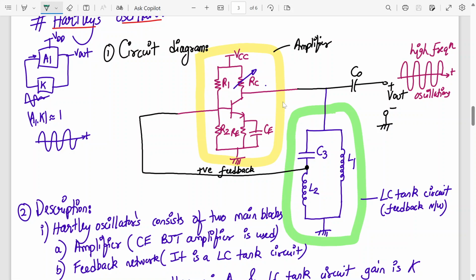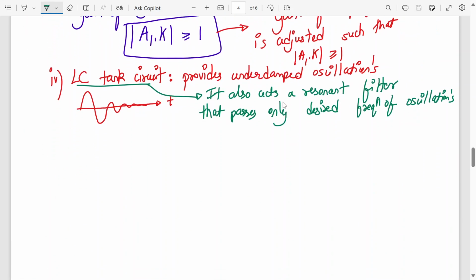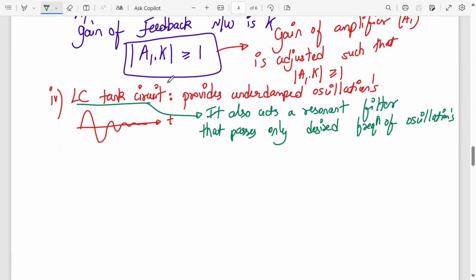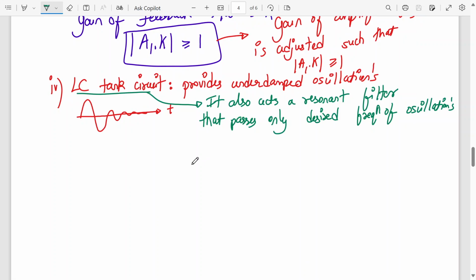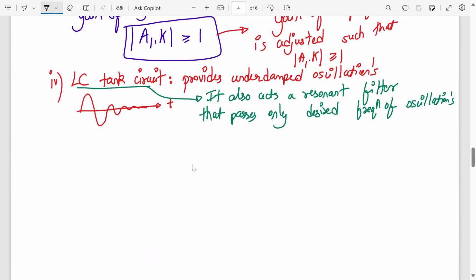So maybe there is some small noise voltage appearing over here, acting as a trigger for oscillations. So the LC tank circuit itself produces oscillations, but that trigger should come from somewhere, right? So let's start the working. Working is point number 4. So write down please.